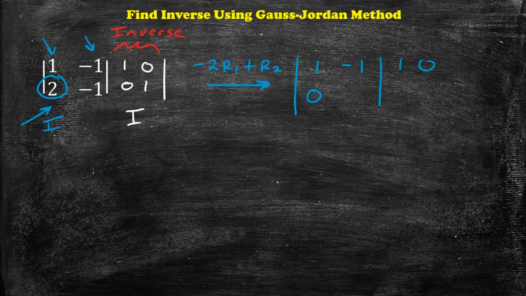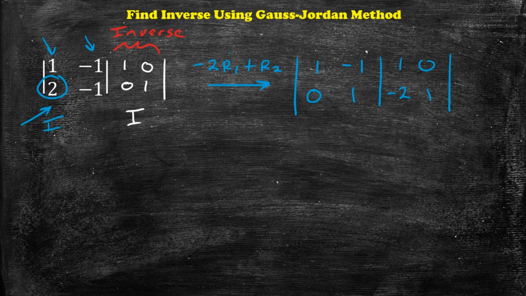Over here, multiply that by -2, so -2 times -1 is +2, minus 1 is 1. All right, and then we also have to do it to the identity side there. So -2 times 1 plus 0 is -2, and then -2 times 0 plus 1 is 1. All right, so that's our first one right there.